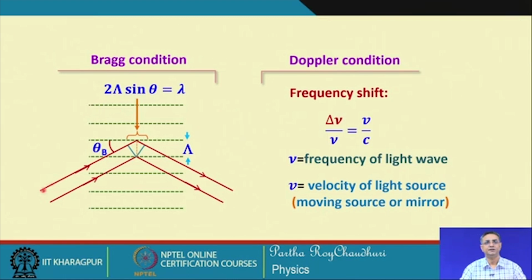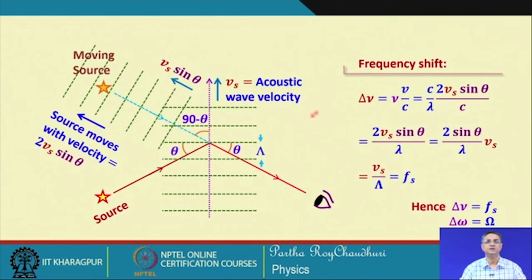We can see from here, this is the Bragg diffraction condition. You have an incident beam and this is reflected from this stack of periodic variation of the refractive indices, and the Doppler condition is delta nu by nu equal to v by c. This is the Doppler frequency shift condition, where v is the velocity of the light source, or in this case it could be a moving source or moving mirror. So, these two conditions we put together, then we will see what happens.